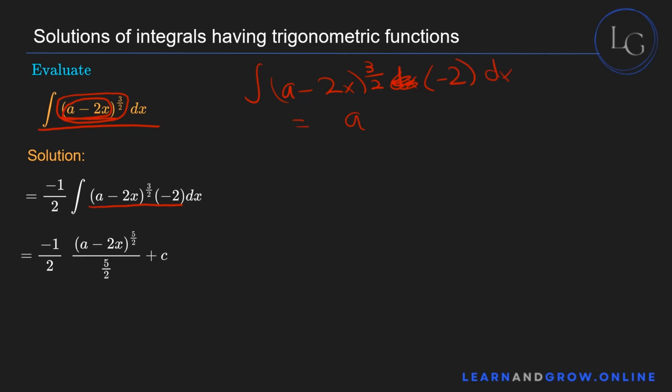Now the result of this is basically a minus 2x raised to the power 3 by 2 plus 1, over 3 by 2 plus 1, and this is what you get. And obviously you'll also have to add the constant of integration, so this is just the final result that you get. Now let's move on to trigonometric functions.